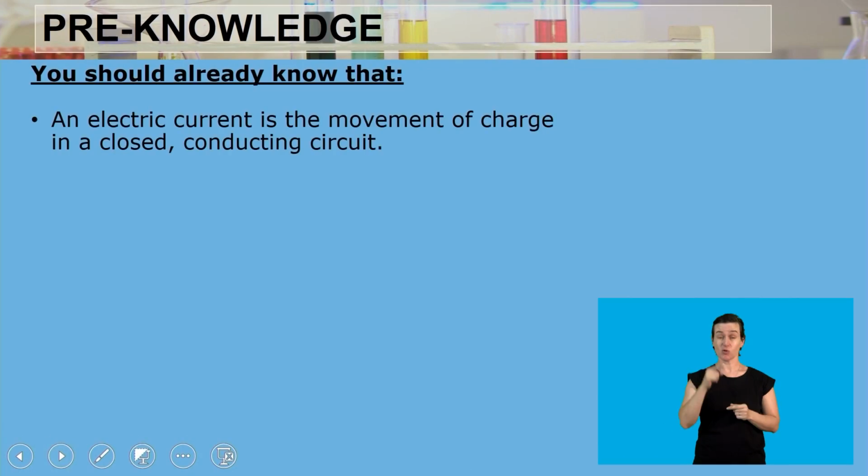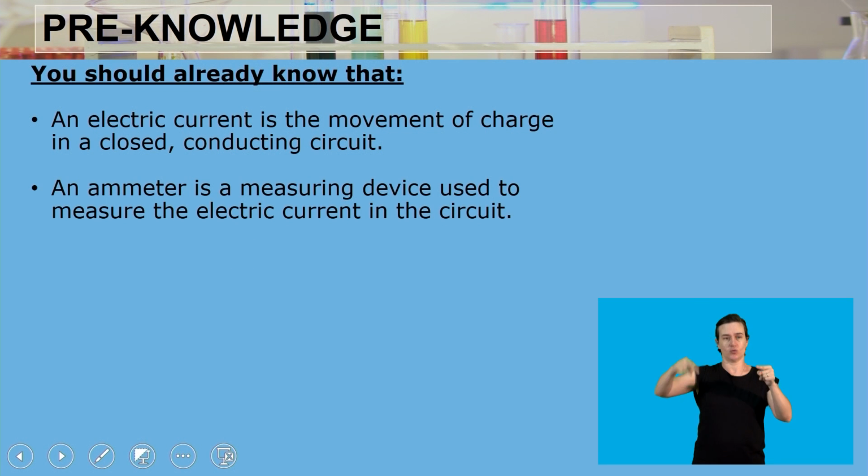Now, there is something that you already know about either the series circuit or the parallel circuit. Number one, an electric current is the movement of charge in a closed conducting circuit. We also know that an ammeter is a measuring device used to measure the electric current in the circuit.